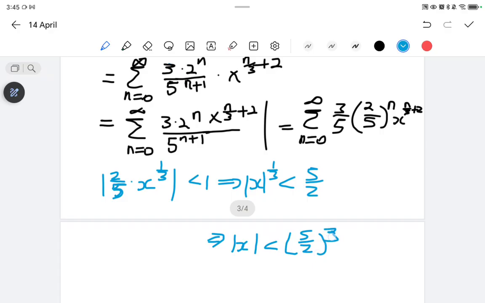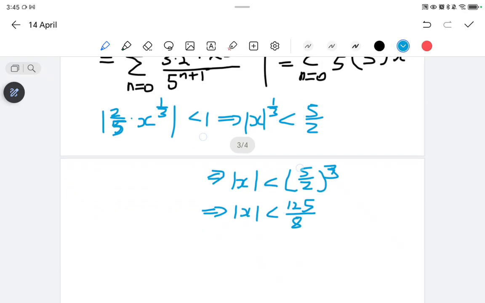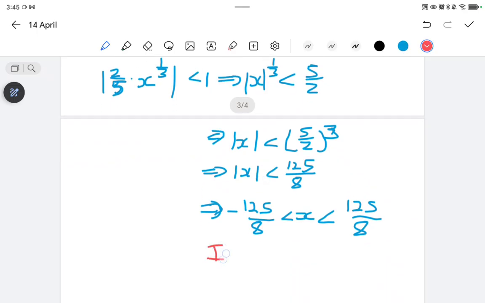What will be the answer to this if we cube both sides? 5 to the third is 125, right? And then 2 to the 3 is 8. So this is the interval of convergence.